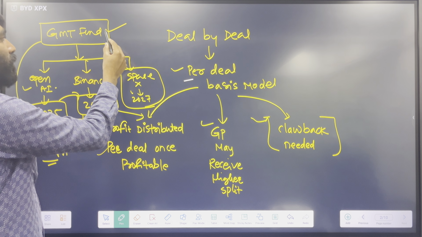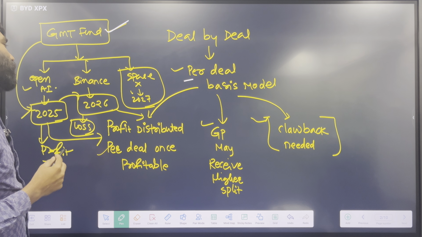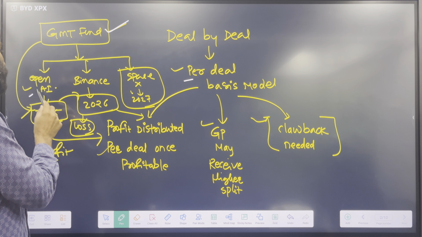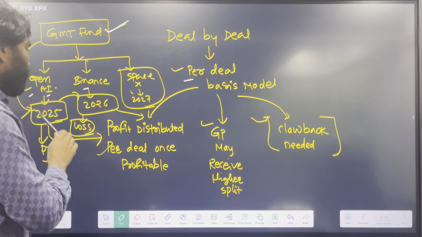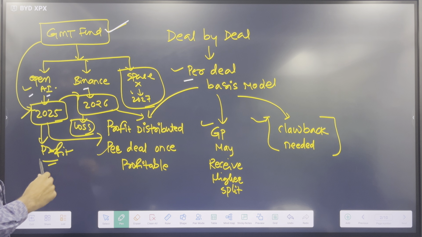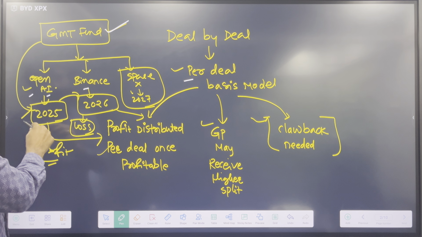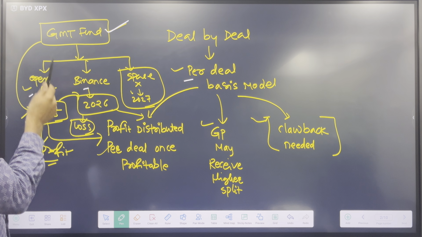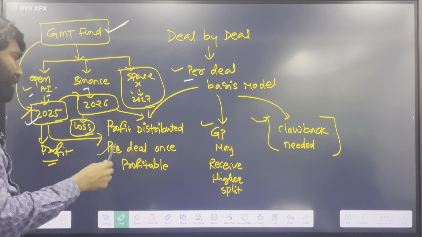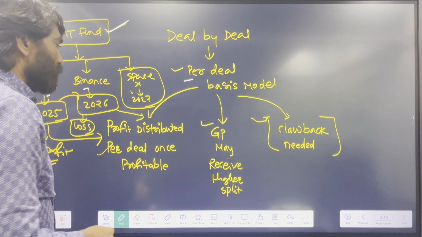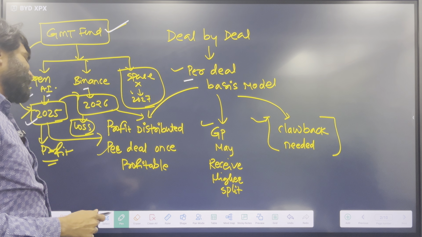Try to understand it. Let's say there is one fund, like GMT fund, and GMT fund has three different investments: OpenAI, Binance, and SpaceX, and all three deals have different exit timelines. The OpenAI investment will exit in 2025, Binance will exit in 2026, and SpaceX will exit in 2027.